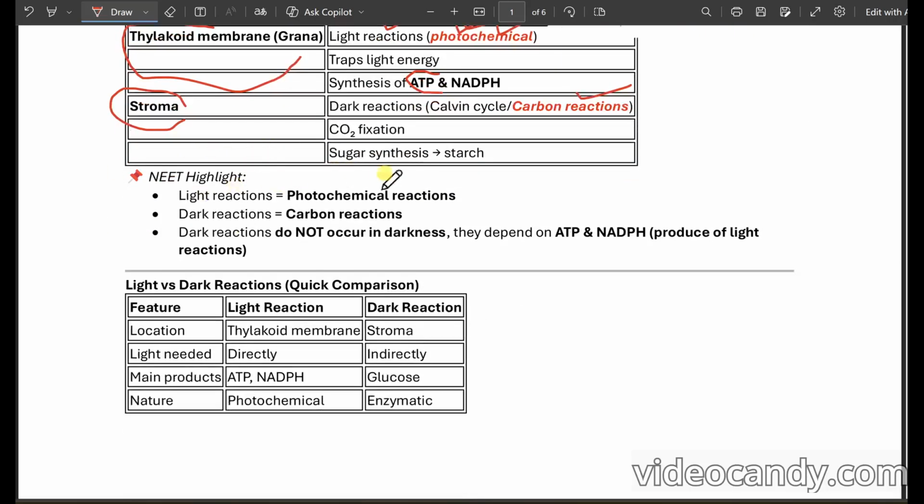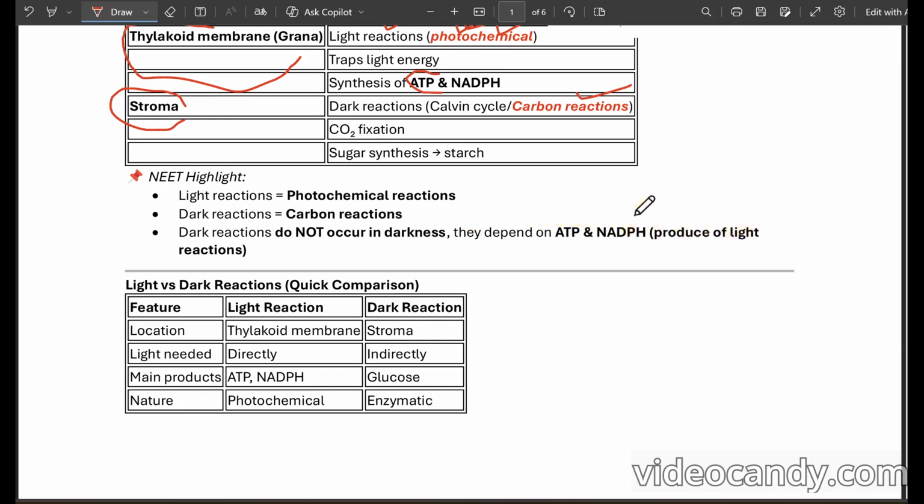So light reaction is a photochemical reaction. Dark reaction is also called as carbon reactions or Calvin cycle. So dark reactions do not occur in darkness. It doesn't mean that dark reactions only occur in darkness. Dark reactions are dependent on the ATP and NADPH produced in the light reactions.